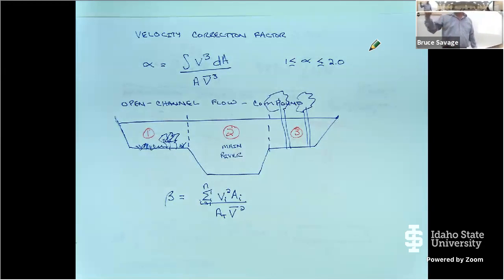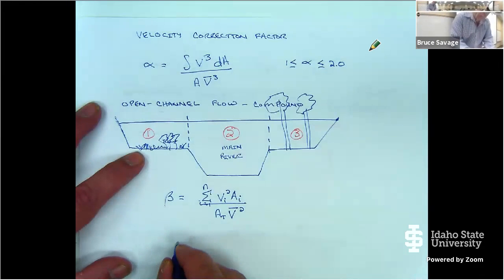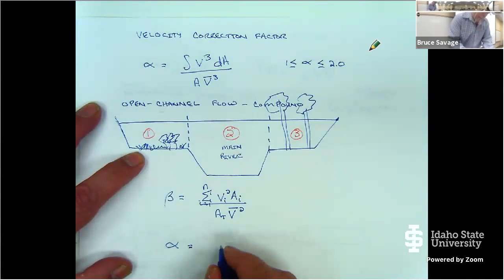So when I apply the momentum equation to my open channel flow, I'm going to use beta in my equation. And when I use the energy equation, I'm also going to calculate alpha, my energy correction coefficient. And that is the same thing.